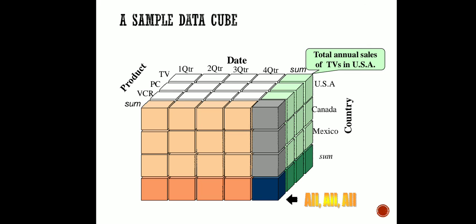Now if we have to find out the sale of TV in the first quarter in USA, we are going to focus on the white box in the leftmost at the top. That block is going to come up with the value of those.